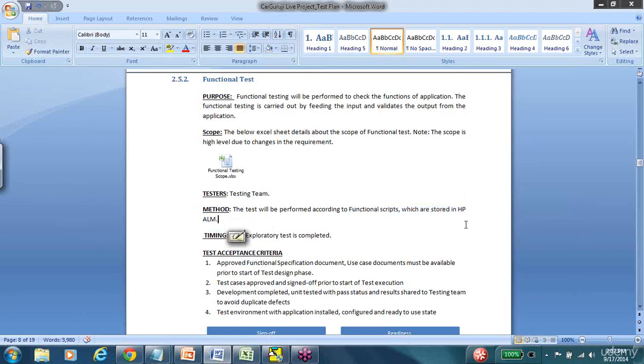Now HPALM is HP Quality Center, which is a test management software. Now this test plan is written with the assumption that a test management software is used to manage your test cases. But that is not always the case. You don't always need a test management software. But the reason I incorporated that into this particular test plan is a lot of my students had trouble in adapting the test plan from a manual environment to an automation or managed environment with the software.